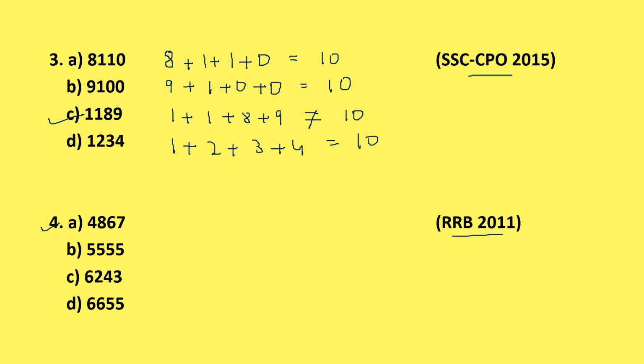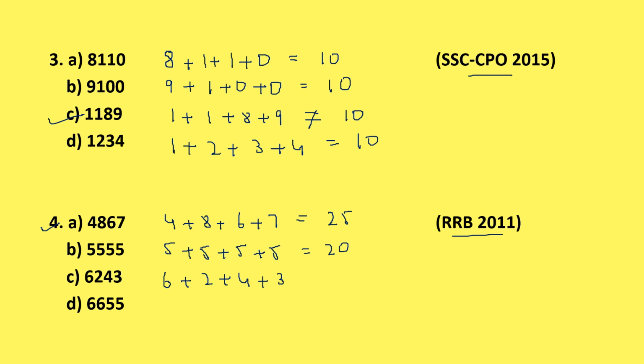Again you see there's a set of 4 numbers on your screen. So if we add these numbers, what do we get? 4 plus 8 plus 6 plus 7, it gives us 25. When we add 5 plus 5 plus 5 and again 5, it gives us 20. When we add 6 plus 2 plus 4 plus 3, it gives us 15.